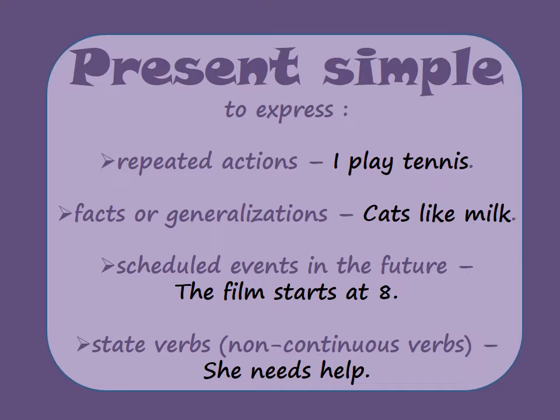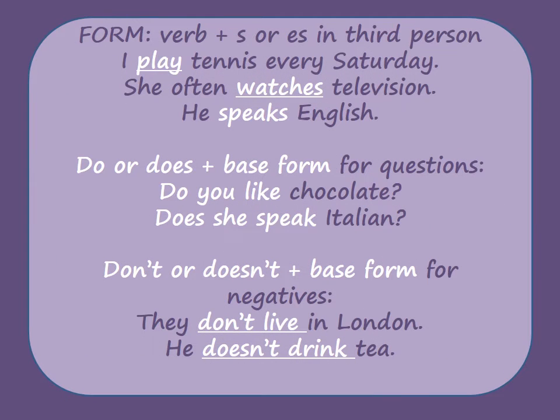Okay, what about the form? What's the form of the present simple? In the third person, I put the verb plus s or es. What's the meaning of third person? He, she, or it. Like this example, I play tennis every Saturday.